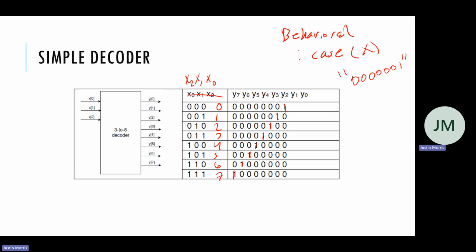Because what is the sensitivity list for? It just means if any of these things in my sensitivity list change, then I need to reevaluate this process block. So the thing that is important to change here is X, right? And again, just remember that you need default to keep this combinational logic. Otherwise, it will become a latch.